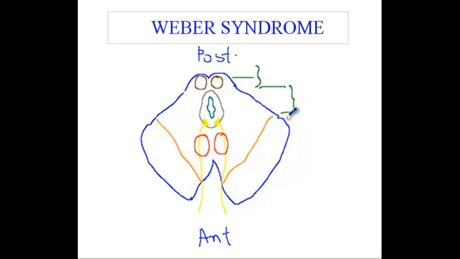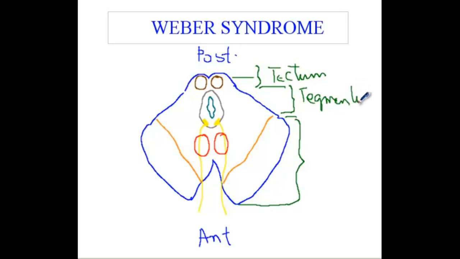And this big thing here is the cerebral peduncle. So we have the tectum, the tegmentum, and the cerebral peduncle.